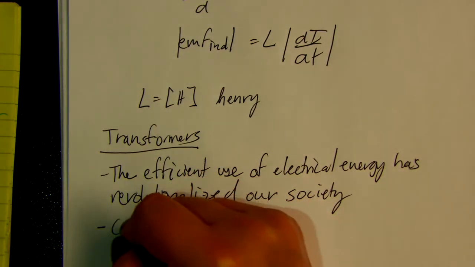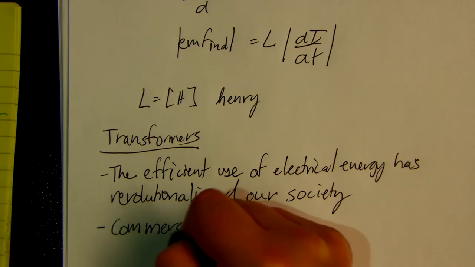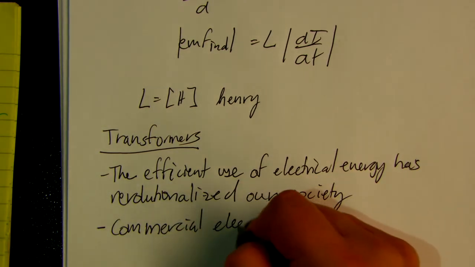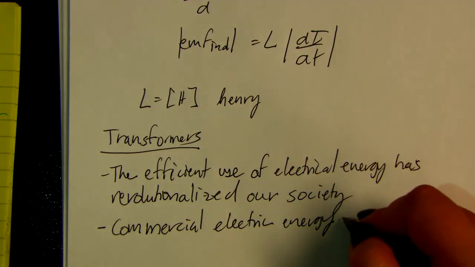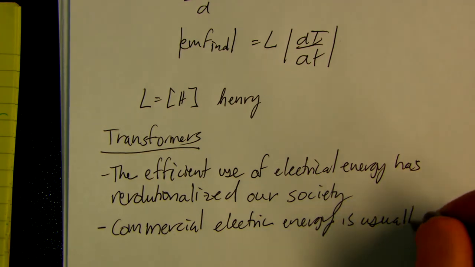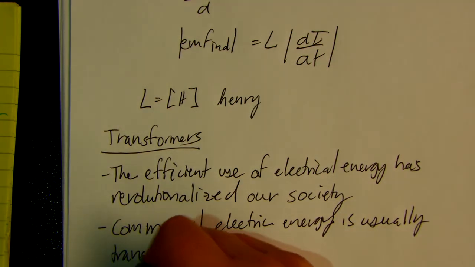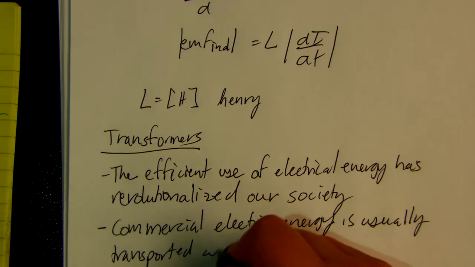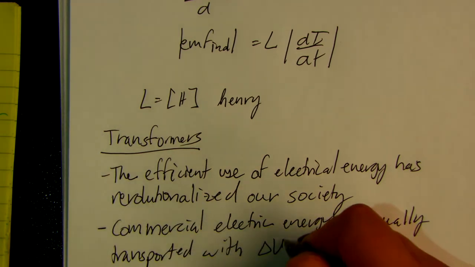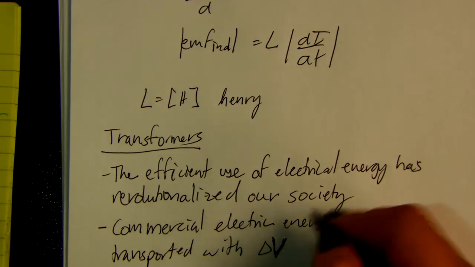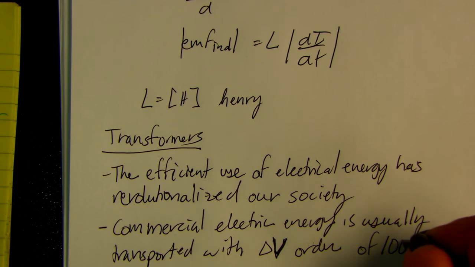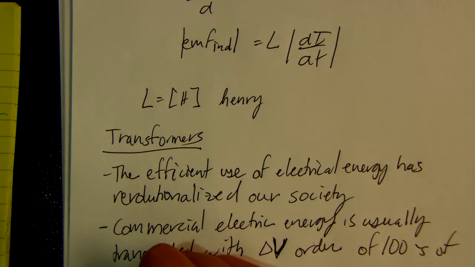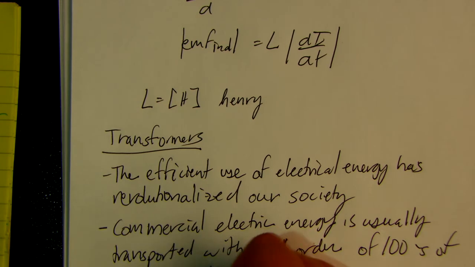So commercial energy, if you don't know, is usually transported with a delta V, that is a V, not a U, with a delta V of orders of hundreds of thousands of volts.